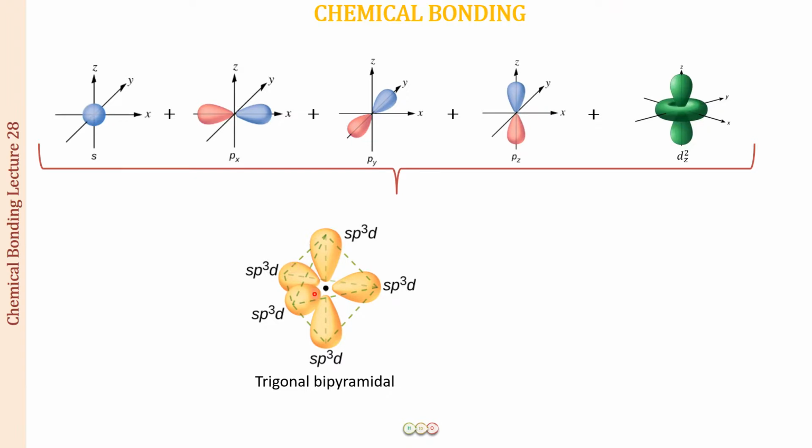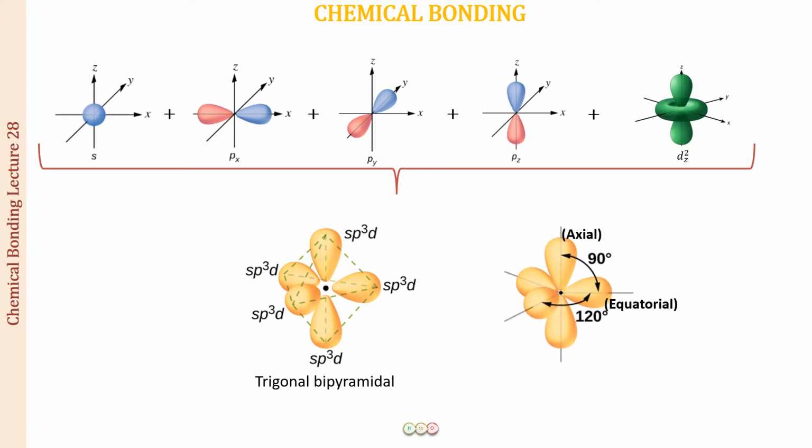And these two orbitals are perpendicular to the equatorial plane, so we will be getting one pyramid joining this point to the corners of these hybrid orbitals. So you will be getting one pyramid above and one pyramid below. You can now see that we have a triangular base between the two pyramids that are formed. This is why it is called a trigonal bipyramidal geometry.